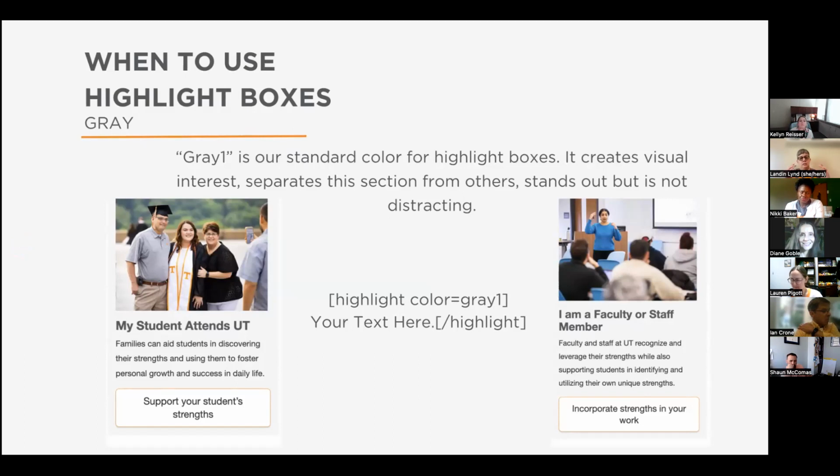So if you find that you need to separate things out into chunks frequently on your page, start with a gray 1 highlight box and see how that works before diving into color. Reserve color for just like once on each page if you need to.